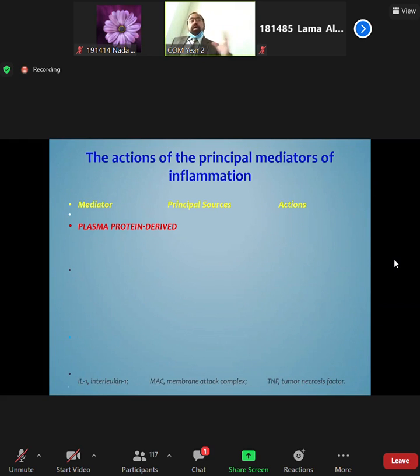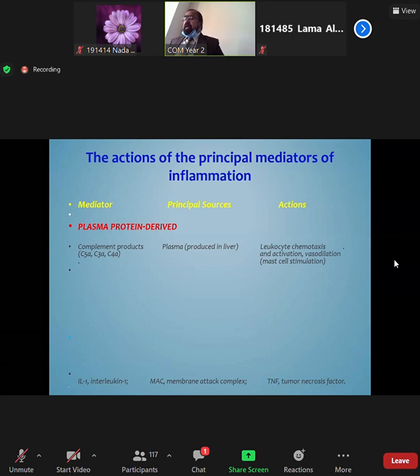Now, plasma derived proteins. What are those? One is complement, which is really important, and its function in inflammation is tremendous. The important ones are C5a, C3a, C4a, and C3b. C3b acts as an opsonin.